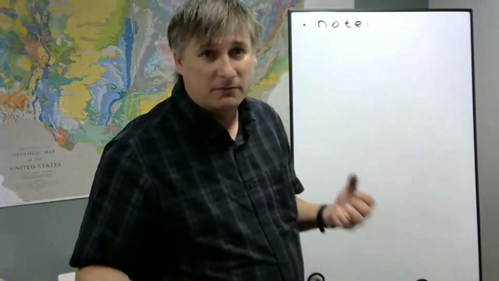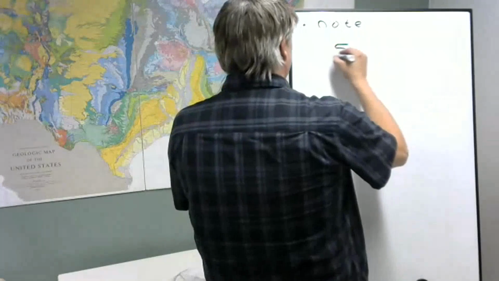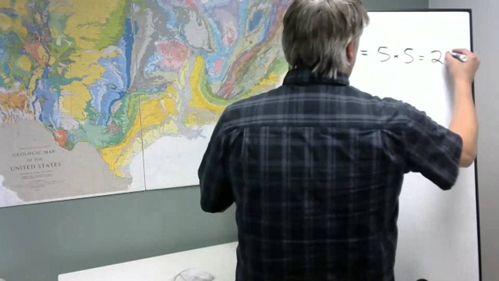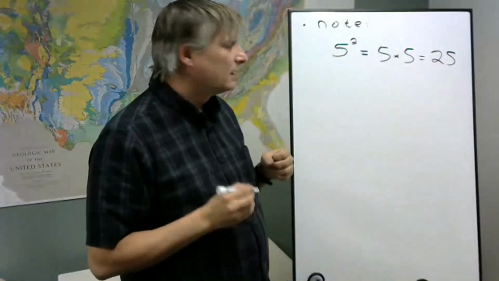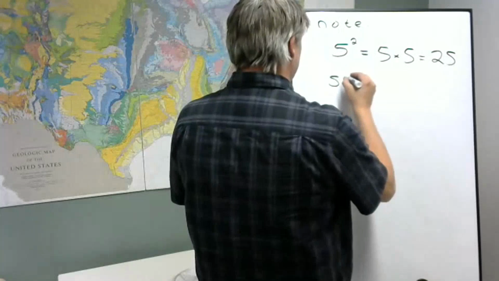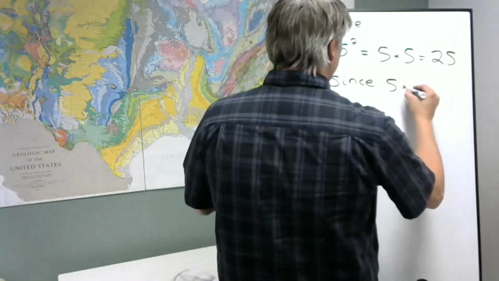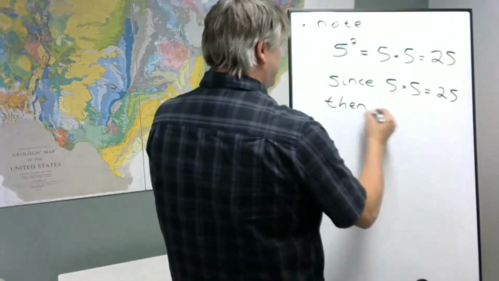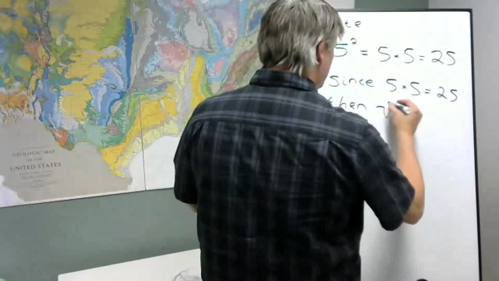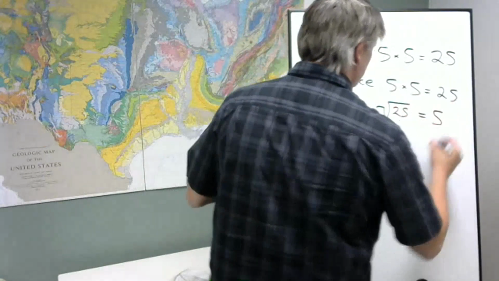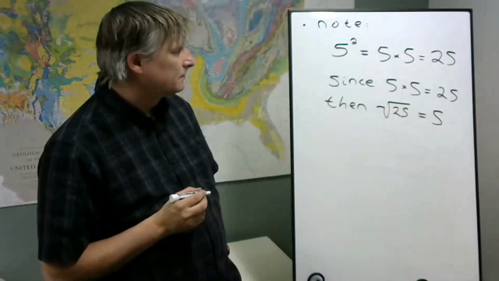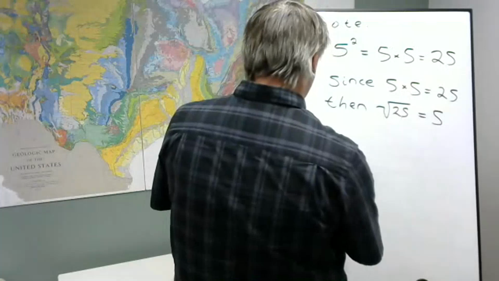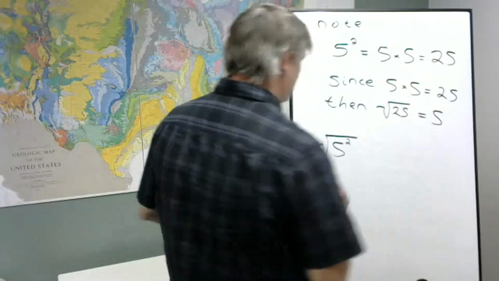Let's say I take the square root of 5 squared. So 5 squared is 5 times 5, which is 25. But since 5 times 5 equals 25, and these are positive, the positive square root of 25 is 5. So let's say we take the positive square root of 5 squared.